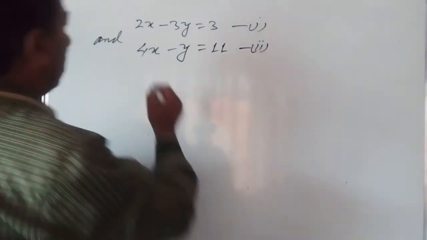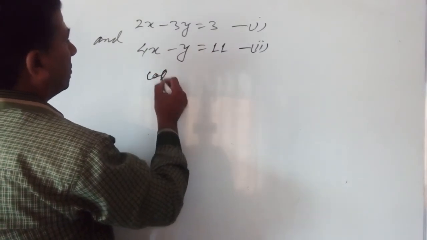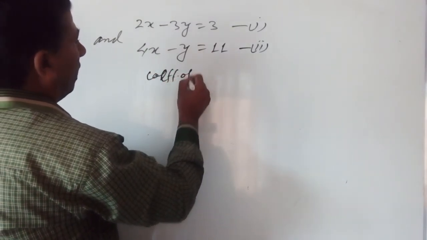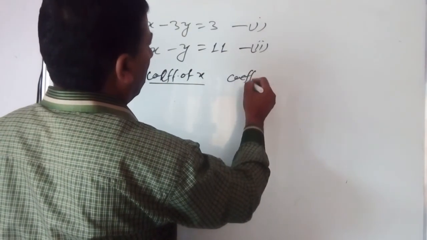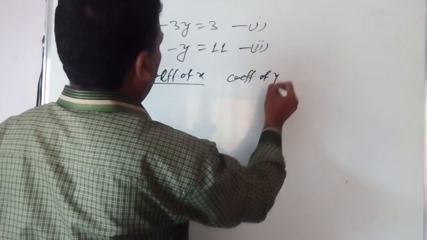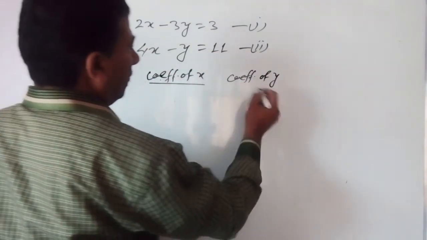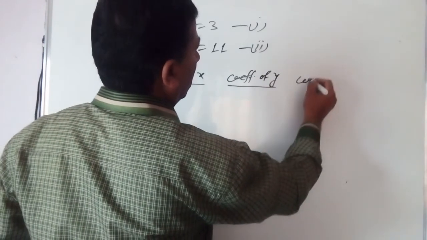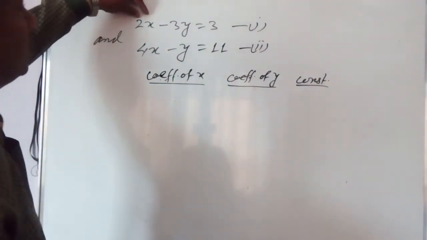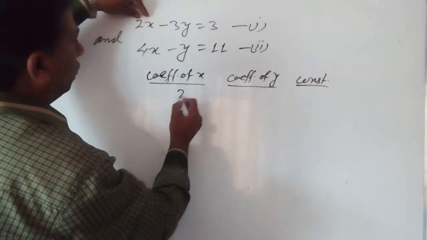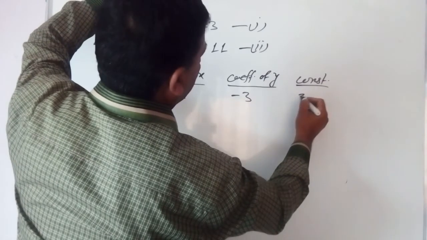First of all, I write the coefficient of x, coefficient of y, and constant term. What is the coefficient of x here? There is 2, minus 3, and the constant term is 3.